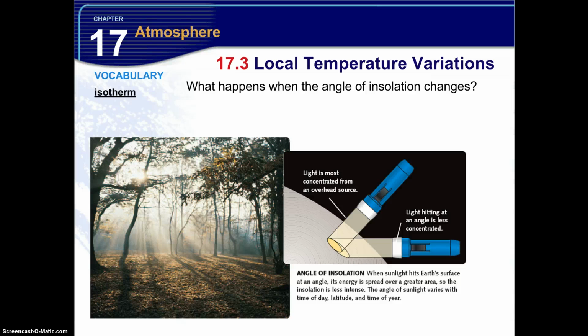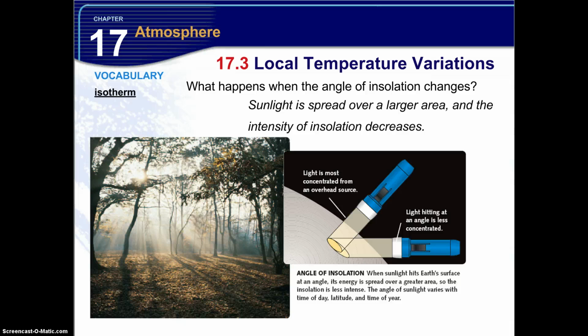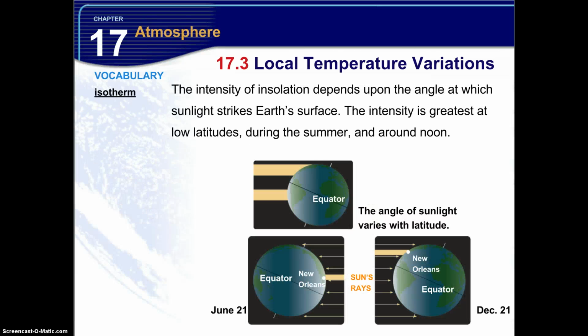So light hitting at an angle is less concentrated. So what happens when the angle of insolation changes? Sunlight is spread over a larger area and the intensity of insolation decreases. Now, the intensity of insolation depends upon the angle at which sunlight strikes Earth's surface. The intensity is greatest at low latitudes near the equator during the summer and around noon.